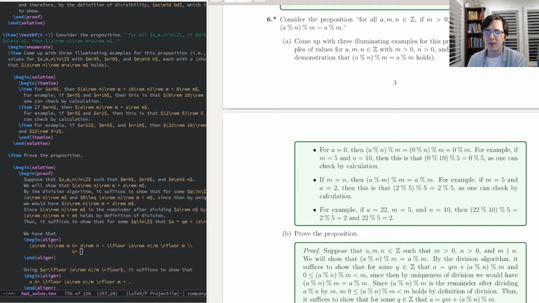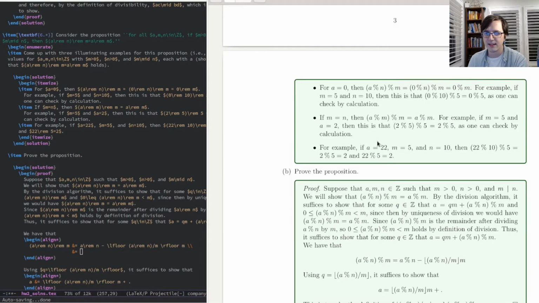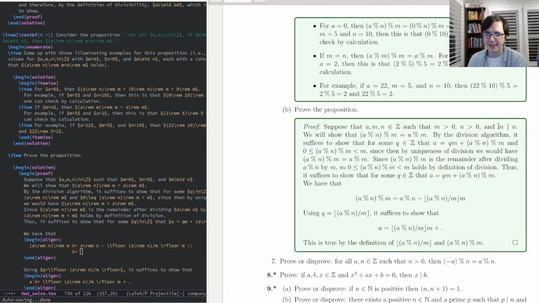For example, if m is 5 and n is 7, so that fails there. And if a is, I don't know, 10, then 10 mod 7 is 3, and 3 mod 5 is 3, but 10 mod 5 is 0. So those two numbers are different. So we definitely need to use that.